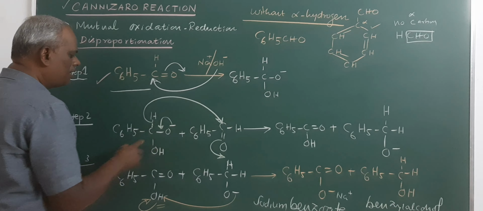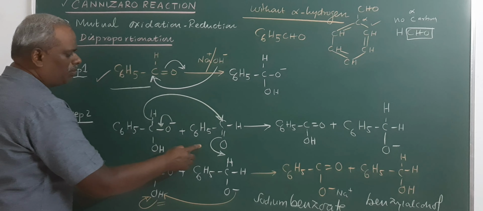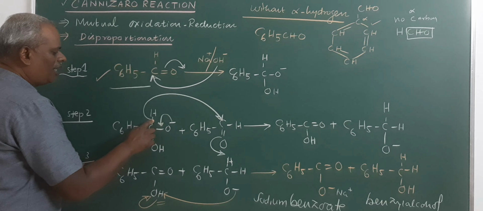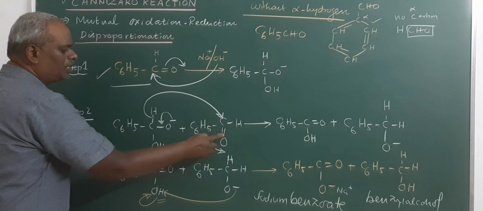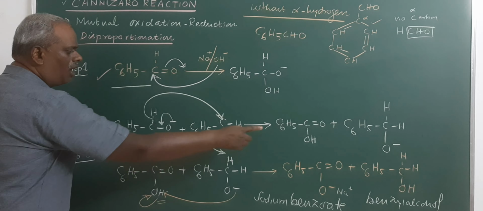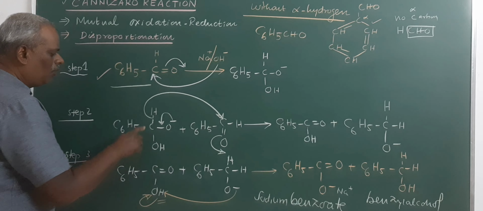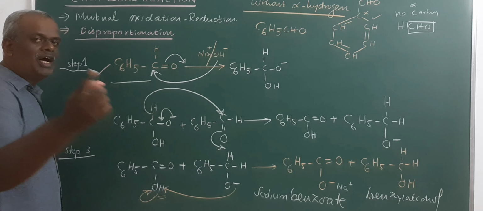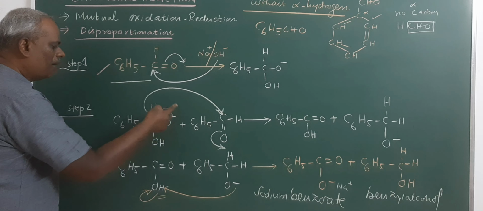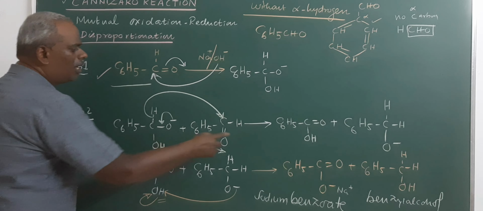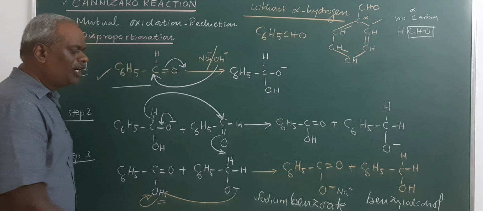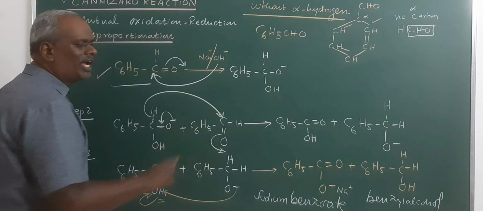This is to be given on the reactant side. Take a first molecule of benzaldehyde, transfer this hydrogen as H minus, and it is bonded with the carbon. Subsequently, the bond opens, oxygen is carrying minus. When you remove the hydrogen, there is a need of another bond, and hence this pair of electrons is moving between the carbon and oxygen. There will be a double bond between these two. So I am getting the benzoic acid and the benzoxide.